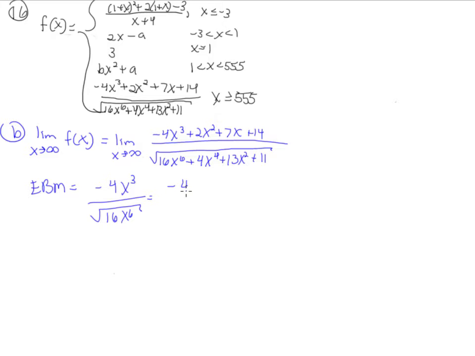Simplifying that down, I get negative 4x cubed over 4x cubed. So they occur at the same rate. So I'm looking at my leading coefficients, which will be negative 4 over 4, which is equal to negative 1. So my answer to B is negative 1.